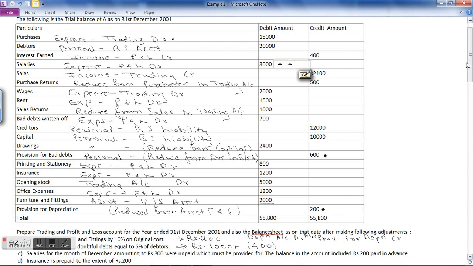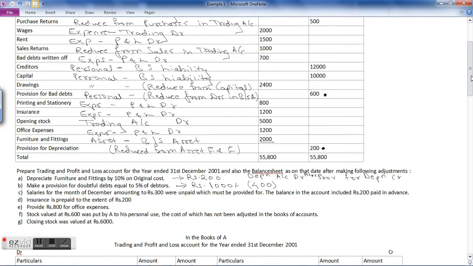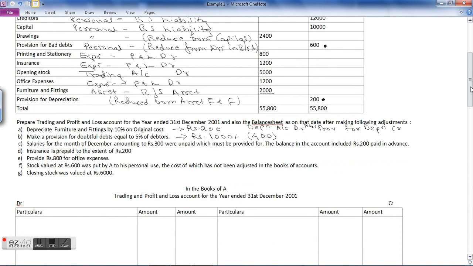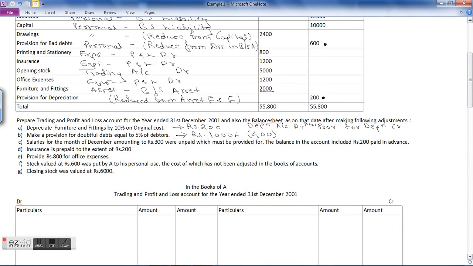Then insurance is prepaid to the extent of rupees 200. Where is insurance? I'll put one dot to the insurance. Then provide rupees 800 for office expenses. So I'll put one dot to the office expenses also.